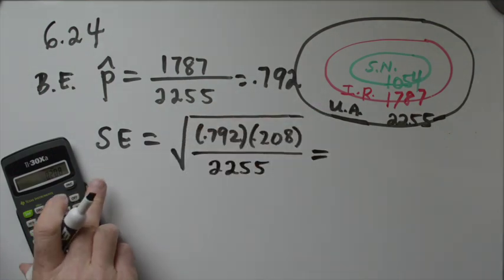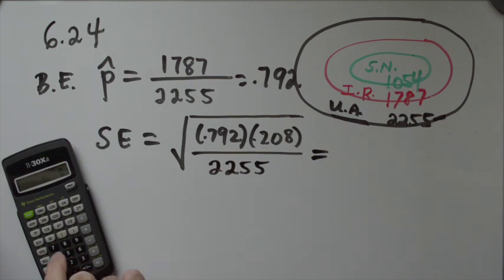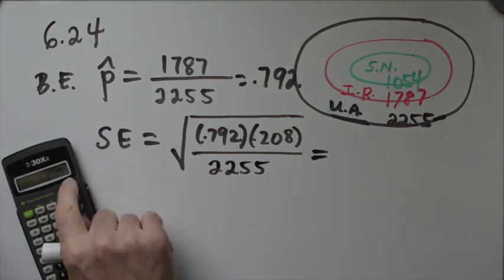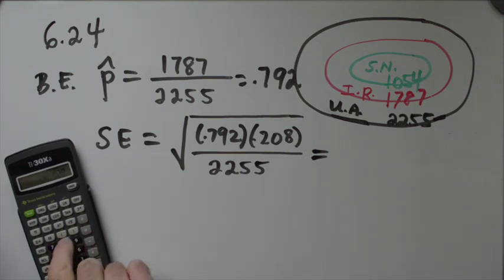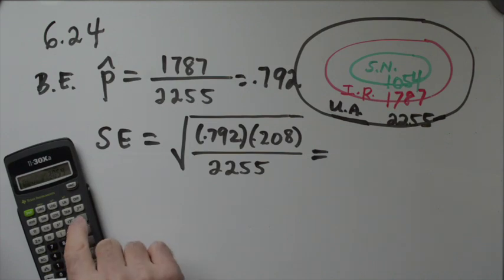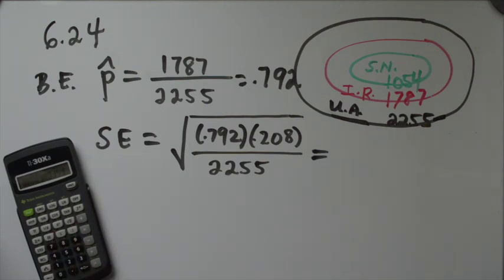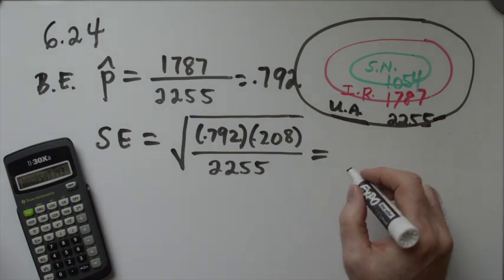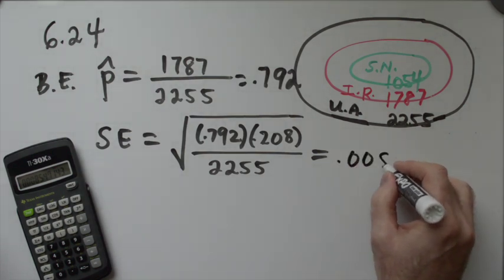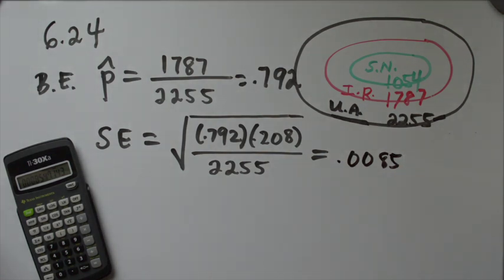I'll remember to take the square root at the end. So 0.792 times 0.208 divided by 2,255, take the square root, and I'm getting a number on the order of 0.0085. That's going to be our standard error for this problem.